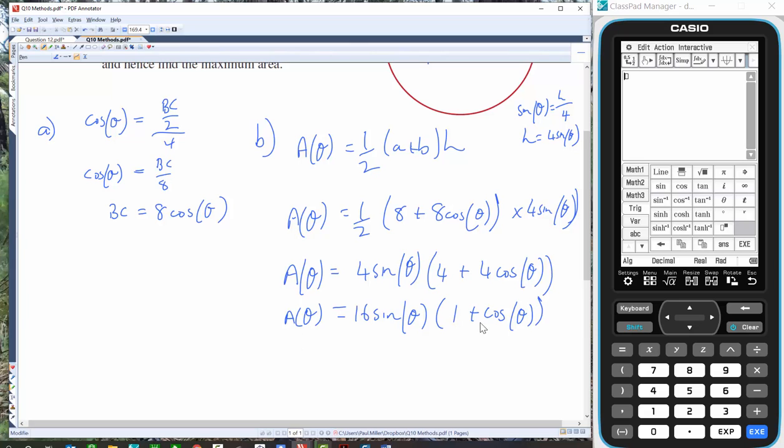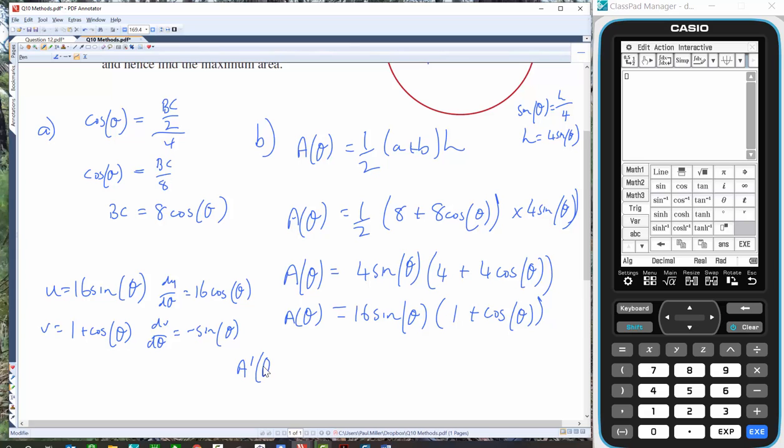Okay, let's start to get its derivative. So this is going to be the product rule here, where u is equal to 16 sine theta and v is equal to 1 plus cosine theta. du d theta is equal to 16 cosine theta, and dv d theta is equal to, the 1 chops out, negative sine theta. Okay, let's get its derivative.